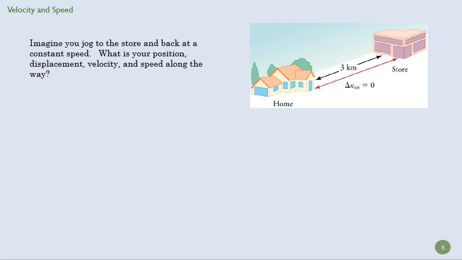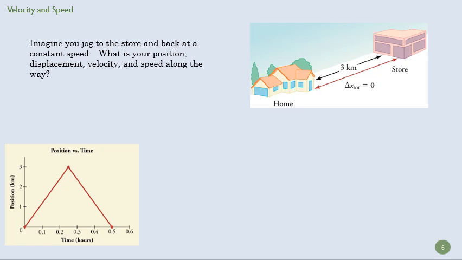So let's look at what this looks like when we try to plot displacement, velocity, and speed. Here we're going to imagine I'm jogging from my house to the store and back. Not a very exciting jog. I don't know why you're jogging to the store, but that's where we're jogging. So we want to plot that. We want to be able to show what happens over time. So we put our time down here, and we put our position here.